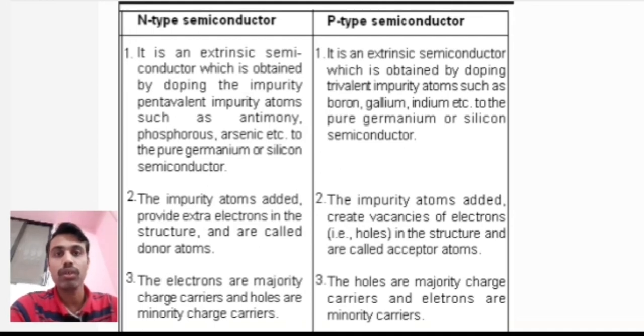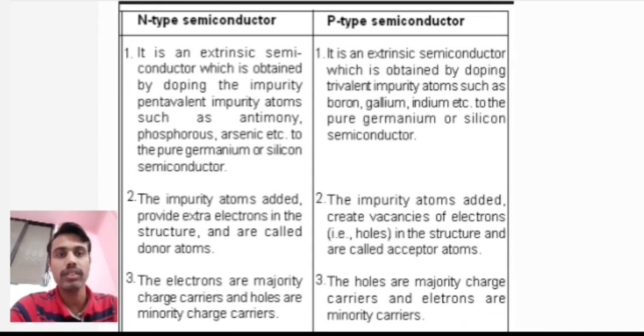We know an electron has a negative charge, so a hole must have a positive charge. That's why holes attract electrons and become stable. This is how p-type impurities are called acceptor impurities.